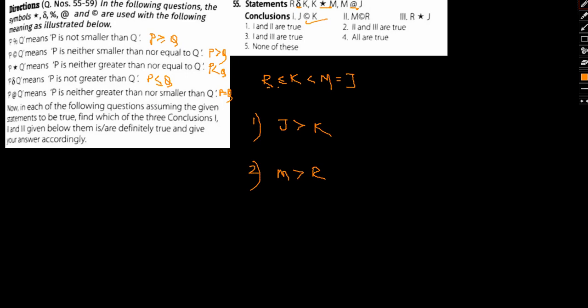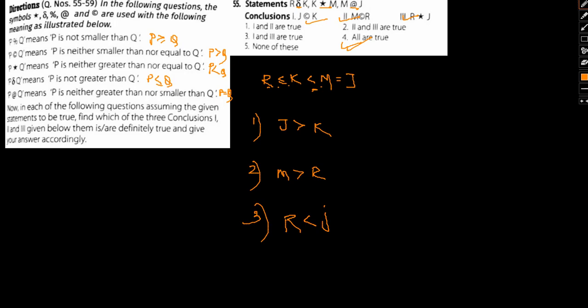Yes, M is greater than R because M is greater than K, which is greater than or equal to R. So this is also true. And finally, R star J means R is less than J. Is J greater than R? Yes, J is greater than R. So all are true. I hope this is clear.